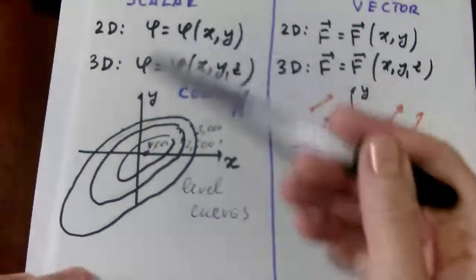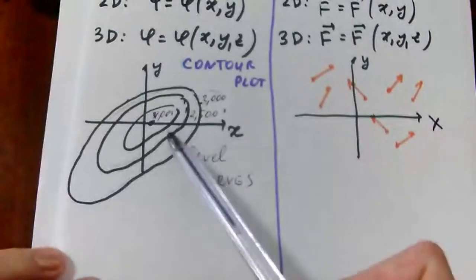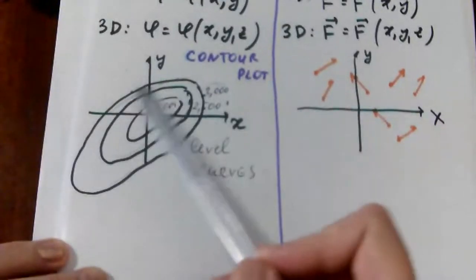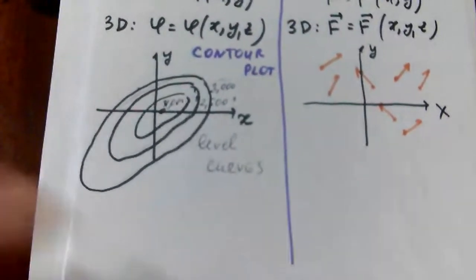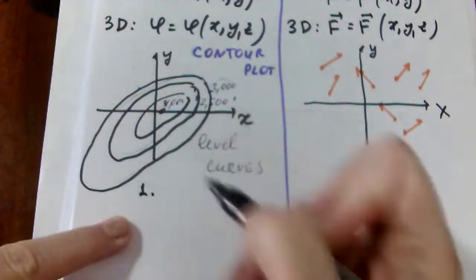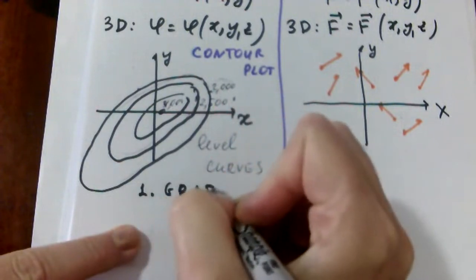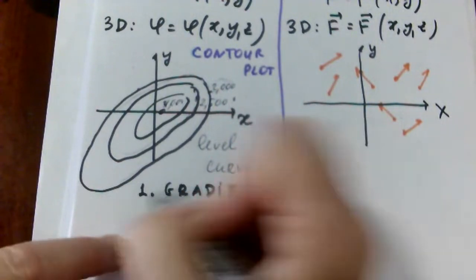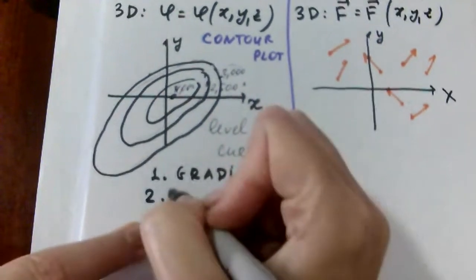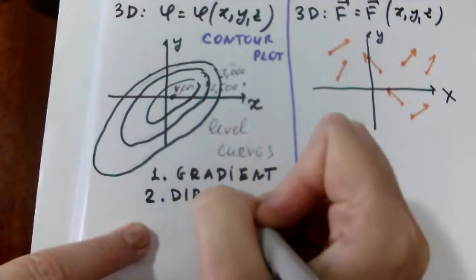When it comes to scalar fields, not only do you need to learn how to plot these level curves, this is only task number one, concept number one. We also need to discuss the gradient vector here in this topic. Then the next topic will be the directional derivative.